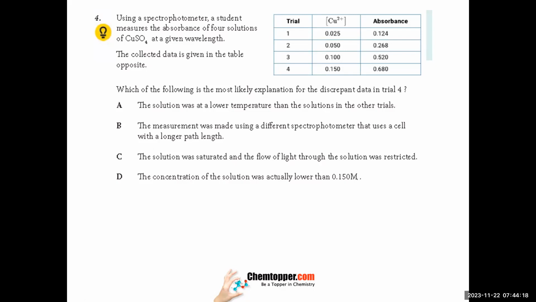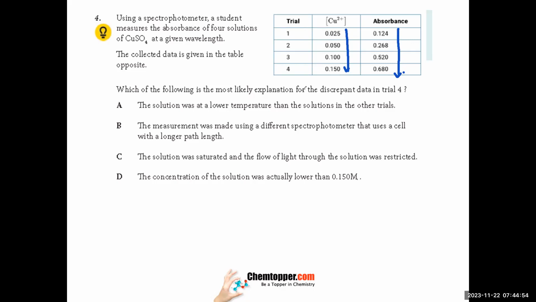So copper 2+ is a colored solution. This one is a colored solution, blue colored, blue. Its absorbances are given at different concentrations. So you have the standard curve, right? Now, when you are looking at this data, as the concentration is increasing, absorbance should increase, right?